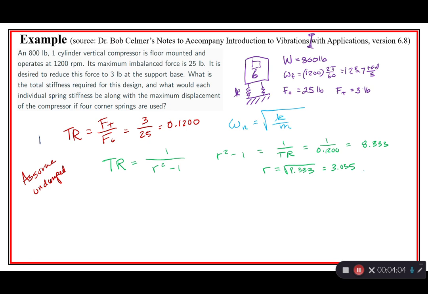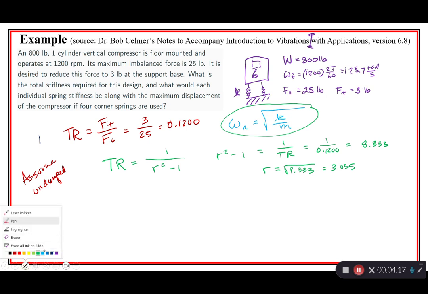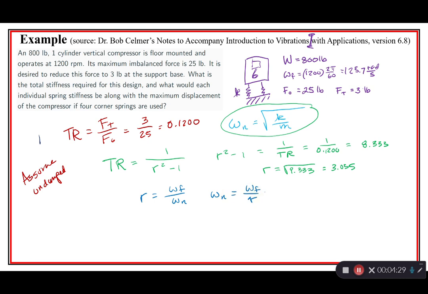And so now we can put together, now we use this right in there. So we know that first off, let me write this down. Since r is equal to omega F over omega N, omega N is equal to omega F over r. Did I do that right?